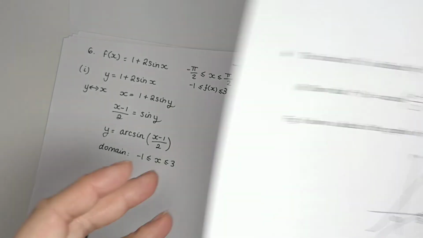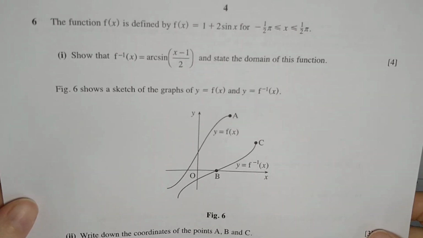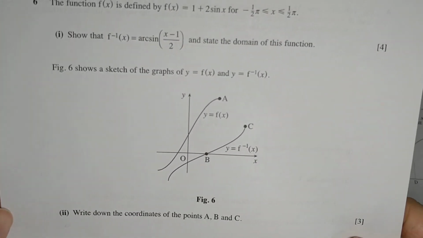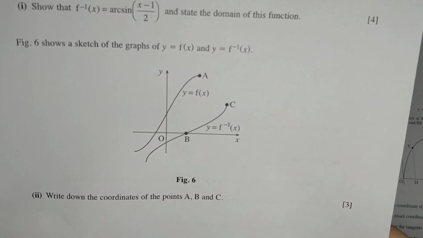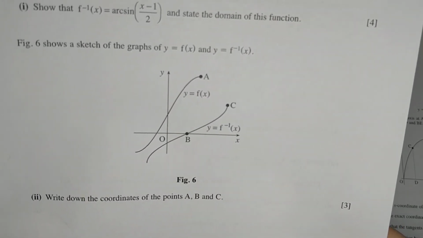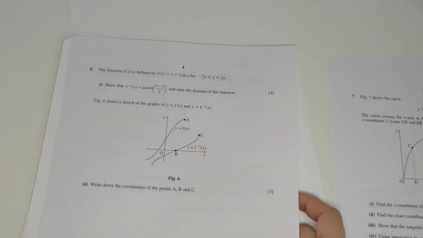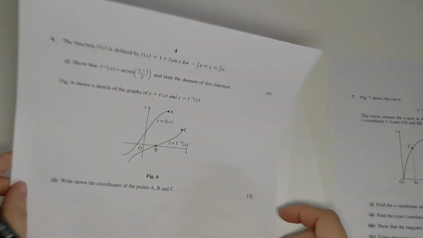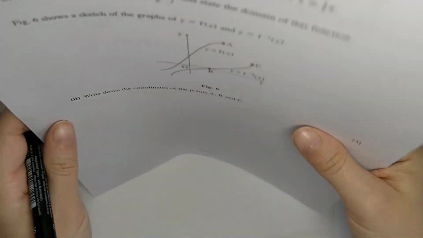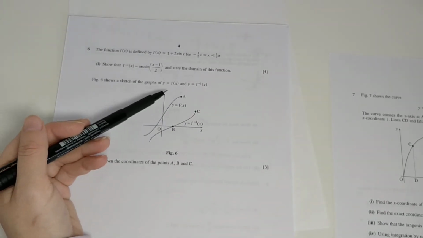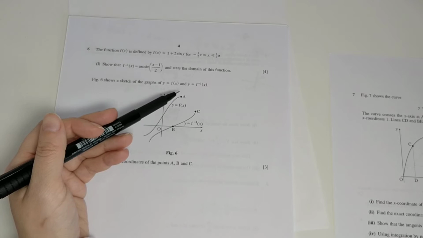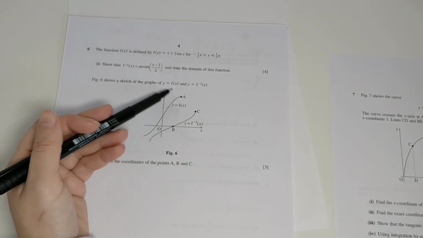Oh, now we've got a picture of them. Write down the coordinates of points A, B and C. Okay. Let's just draw it on here, I guess. So A, so this is f of x.